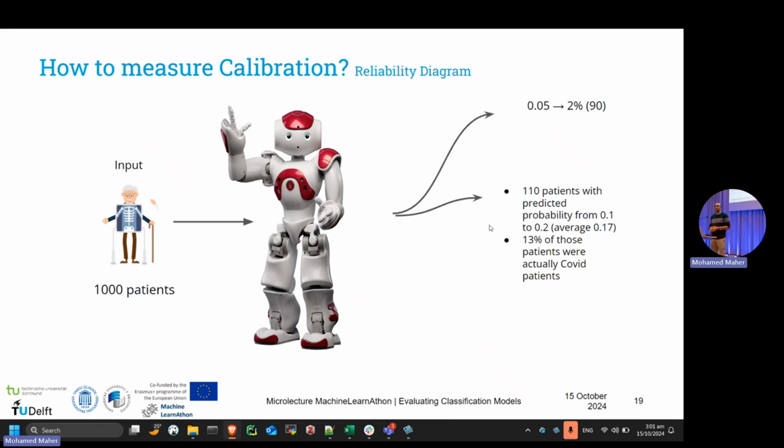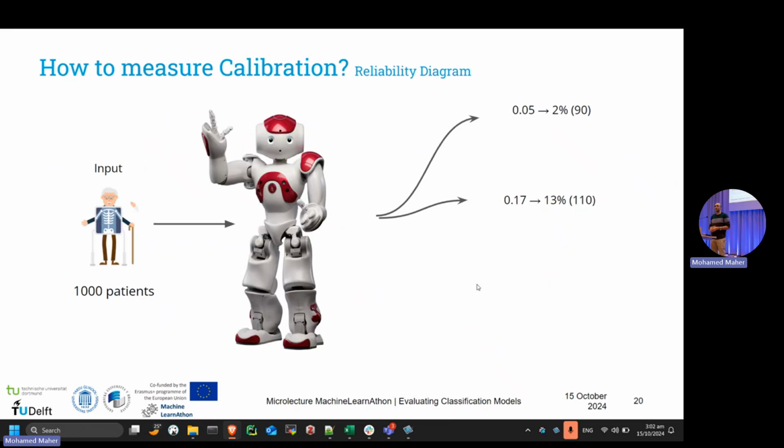Now for the next 110 patients, we have predicted probability from 0.1 to 0.2 with an average of 0.17. And we found out that 13 of those 110 patients, 13 percent, were actually patients with COVID.